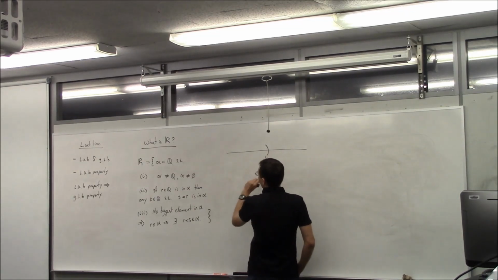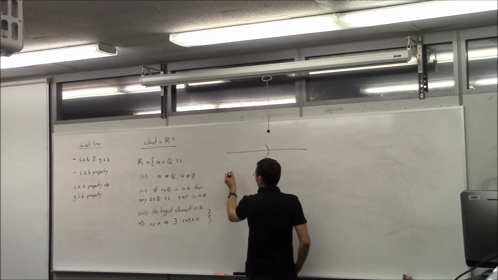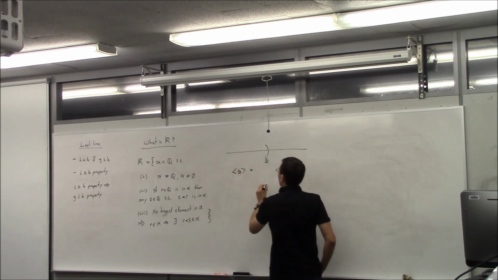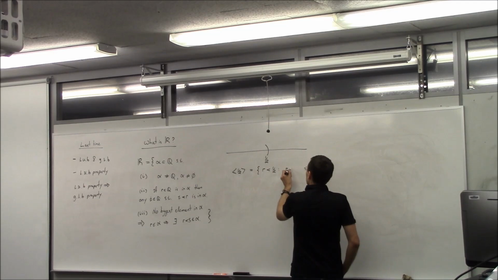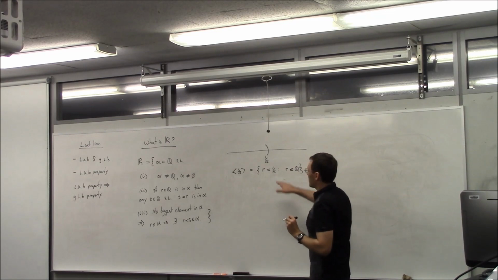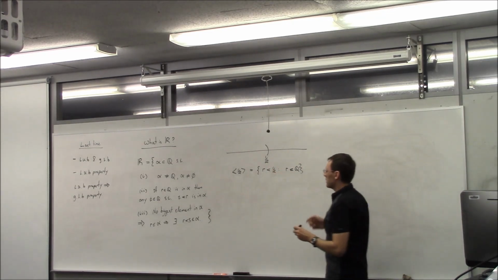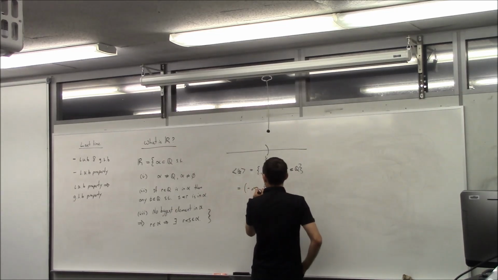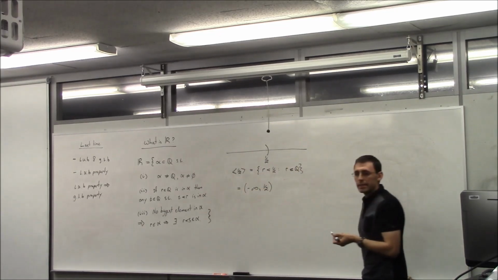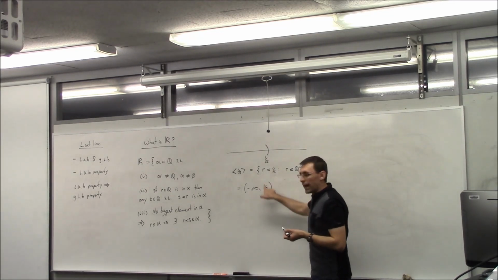So 1/2 will be made into a set, maybe something like this: the set of all r smaller than 1/2, where r is an element of Q. In other words, those are the half-open intervals. So 1/2, what is this thing? This is just minus infinity to 1/2. That's how Dedekind describes the embedding of the number 1/2 into the real numbers.